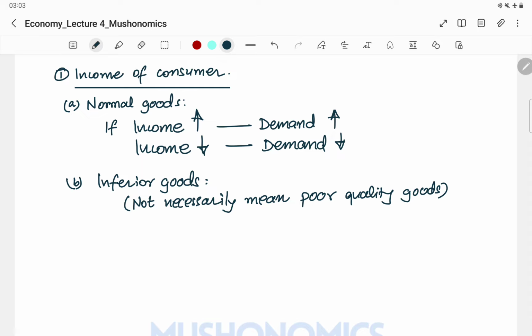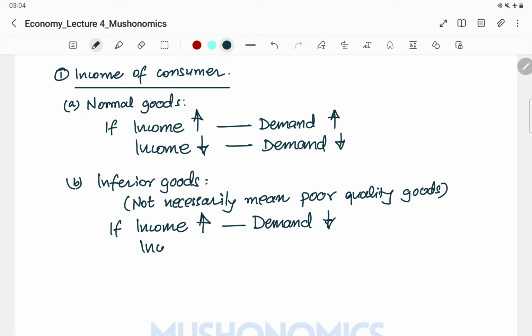Okay, so let's talk about how it goes with inferior good. So in inferior good, what is happening? If income is increasing, you are moving towards superior good, so demand for inferior good will what? Decrease. Demand for inferior good will decrease, right?